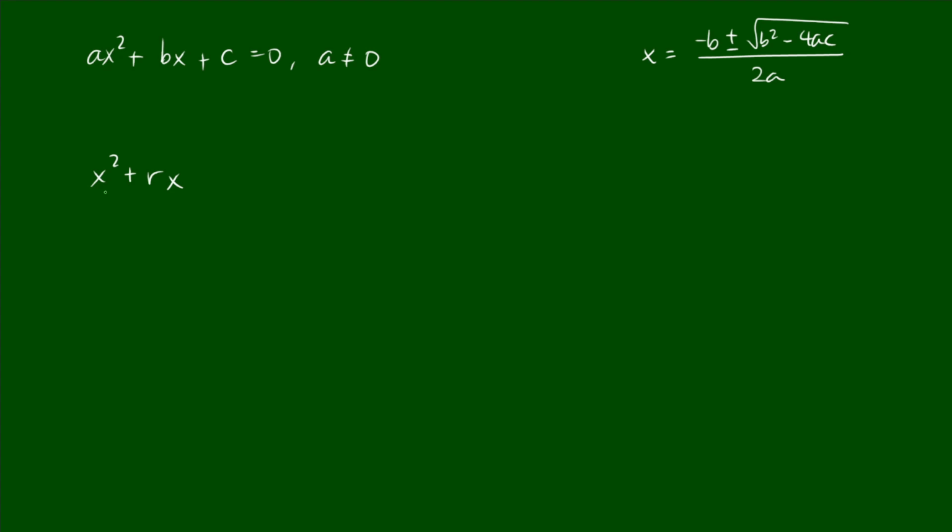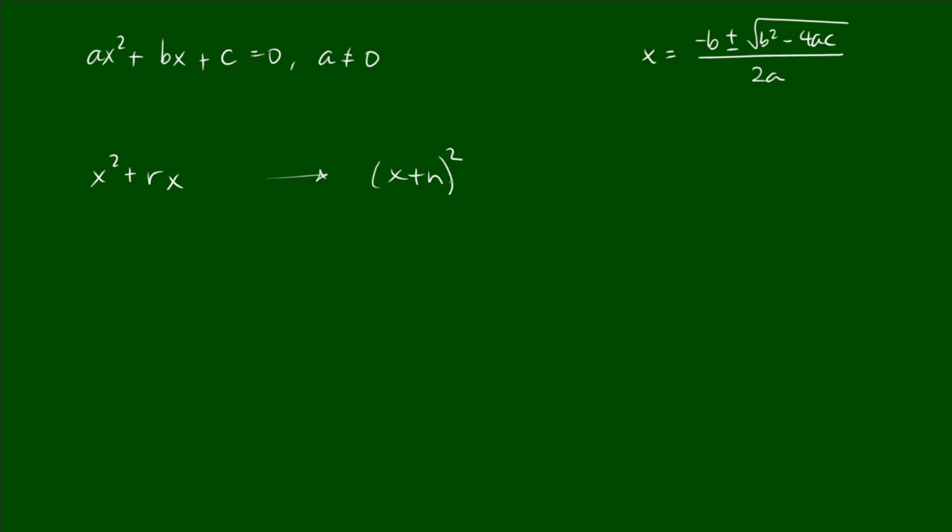and you're going to try to find a number that you can add so that you end up with a perfect square, right? You find a number that you can add to this, and you end up with something like this, x plus n squared. All right?